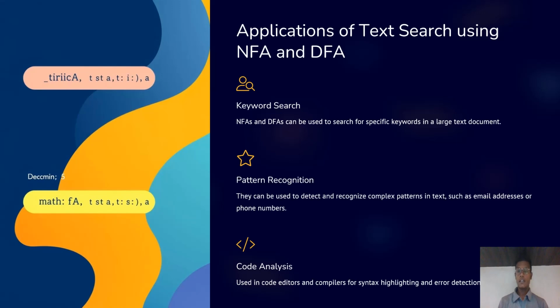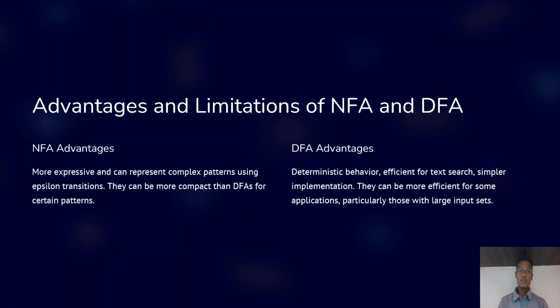Using NFA and DFA. Next, we will move on to the advantages of NFA and DFA. Advantages of NFA: more expressive, and can represent complex patterns using epsilon transitions. It can be more compact than DFA for certain patterns.